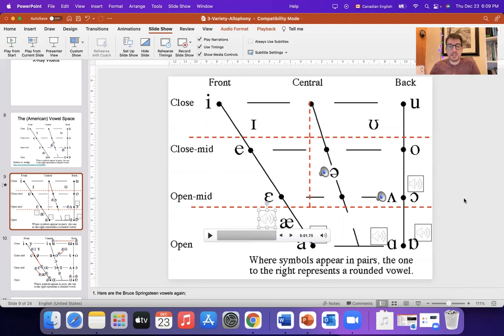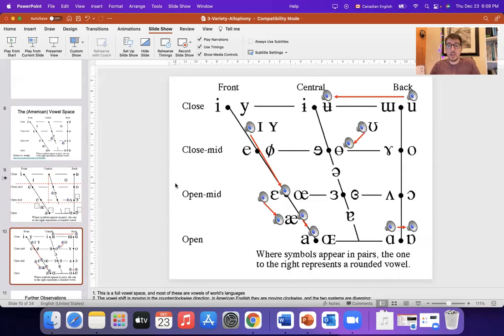These are the four or five vowels that are usually very close to each other in articulation, so that they shift away from each other. And what's going on in Canadian English is actually the opposite of what's going on in American English. In American English, the shift is clockwise, so from, let's say, this rounded to unrounded, and so on. But in Canadian English, we'll start from this lower part.